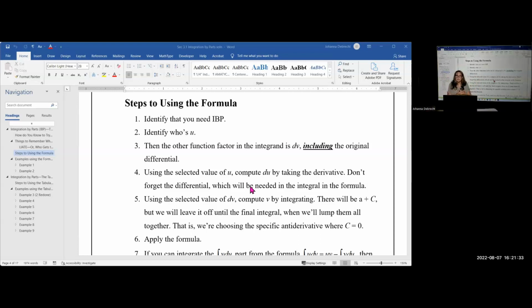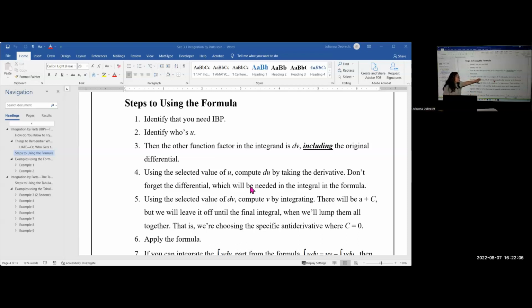You've got a combination of two types. Then you're going to identify which one's u using the mnemonic device, LIATE. Then you're going to let everything else in the integrand that's not u, including the differential, be dv. So you need the differential in dv so that you can integrate it, right? You can't integrate without a differential. I know some of you like to leave it off. Not in my class, all right? Nail you to the wall for that one.